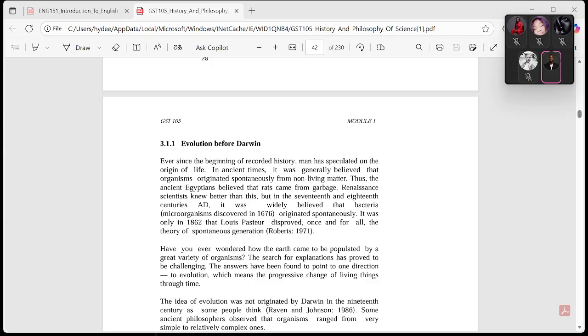So if you're on the earth, you're going to experience that gravitational force, and anything that goes up must come down. That's the rule of the earth.